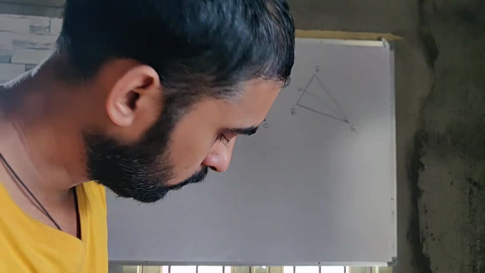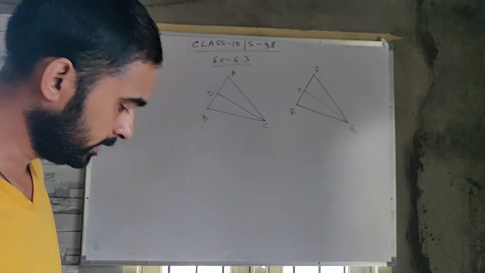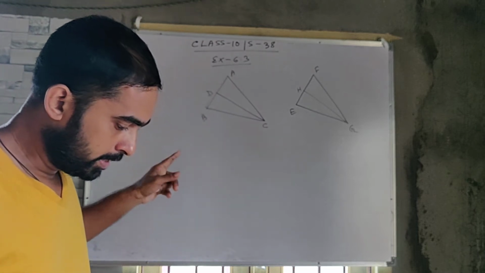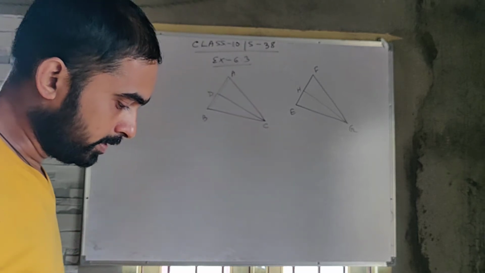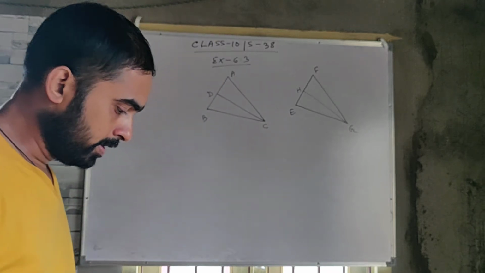The question is: CD and GH are the bisectors of angle ACB and angle EGF such that D and H lie on the sides AB and FE.